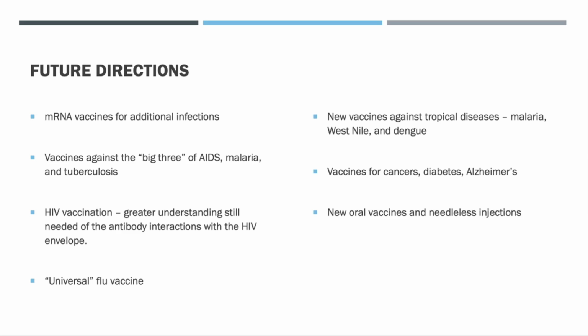Vaccines for cancers are also in development. Of course, there's also use of the vaccines we have now in easier-to-administer forms and forms that are easier to use in low-resource conditions as well. So I think we still have quite a bit to look forward to in the development of vaccines in the coming years.